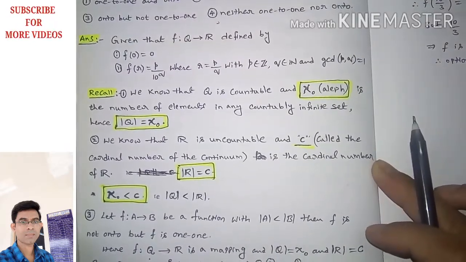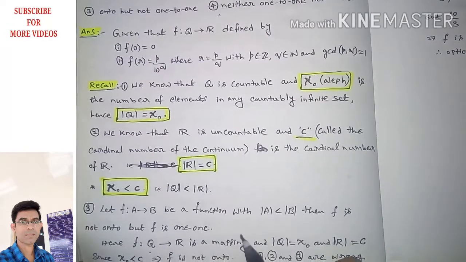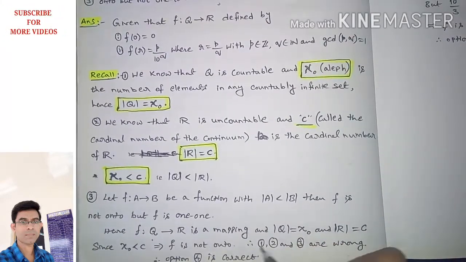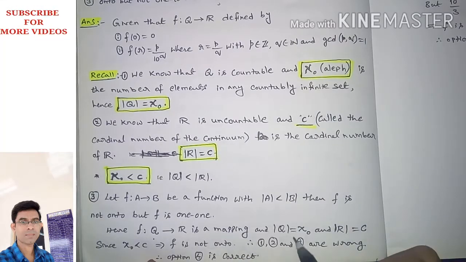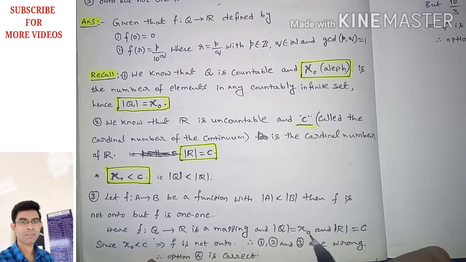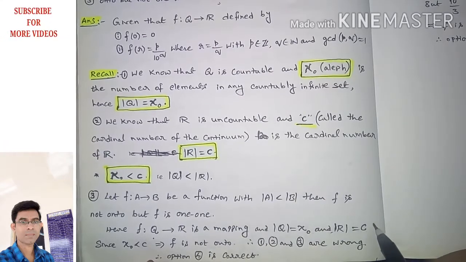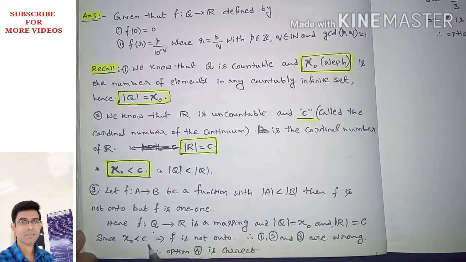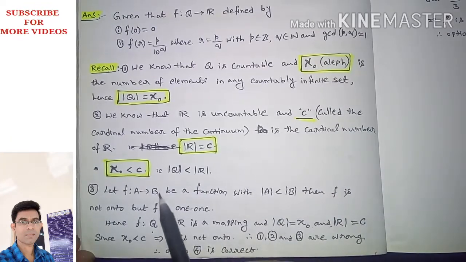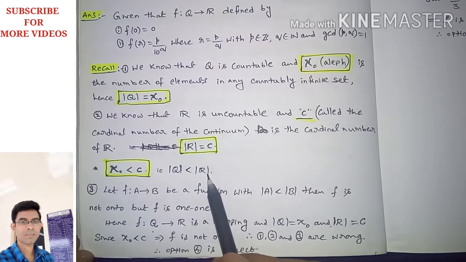And coming to the solution of the problem, here f is a mapping from Q to R, and Q is a countable set, so cardinality of Q is equal to aleph not, and R is an uncountable set and cardinality of R is equal to continuum C. And since we know that aleph not is less than C, so here cardinality of Q is less than cardinality of R.